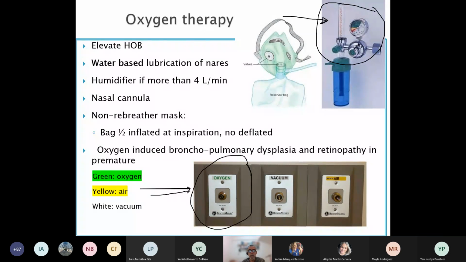You are supposed to be educated that there are 3 common outlets in the walls of a healthcare facility. One is green, which is oxygen, one is yellow, which is air, just simple air, and the white is vacuum. If you don't know, vacuum is what is needed to suction the trach of the client.